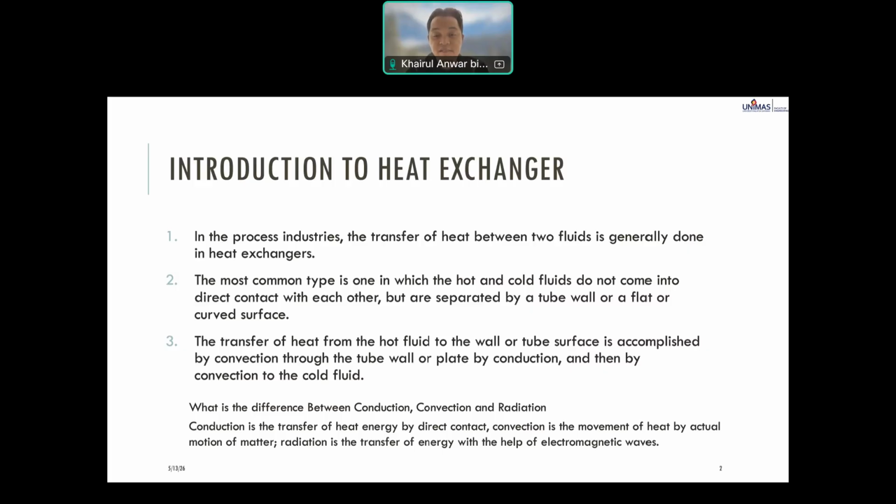Then convection is the movement of heat by actual motion of matter. In this case, the matter is the fluid. And the last one is radiation, the transfer of energy with the help of electromagnetic waves.